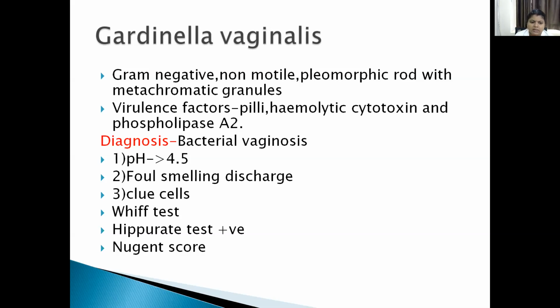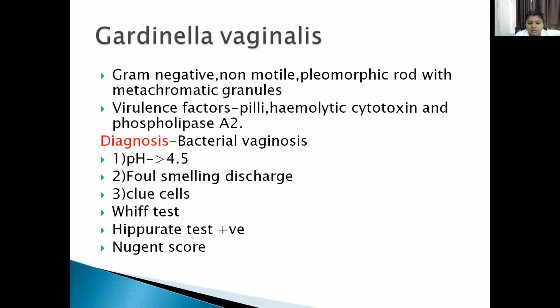There is also a foul smelling discharge from the vagina, and there is a presence of clue cells. These clue cells are nothing but vaginal epithelial cells, infected vaginal epithelial cells studded with gram-negative bacilli. Whiff test and hippurate test positivity are also helpful for the diagnosis of bacterial vaginosis.